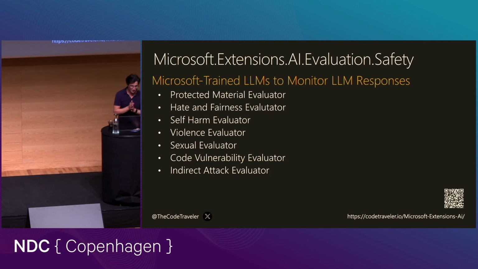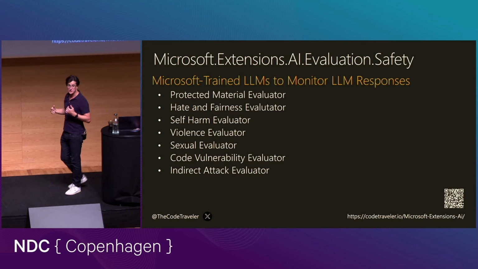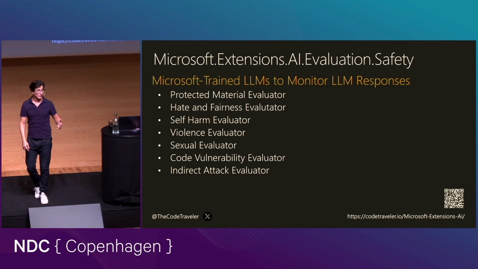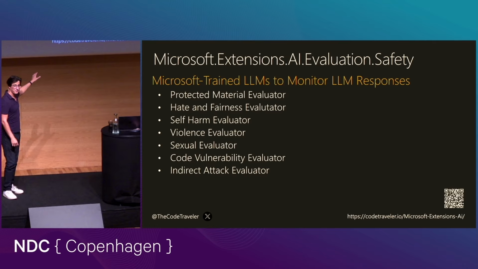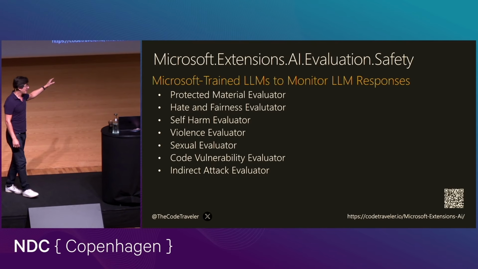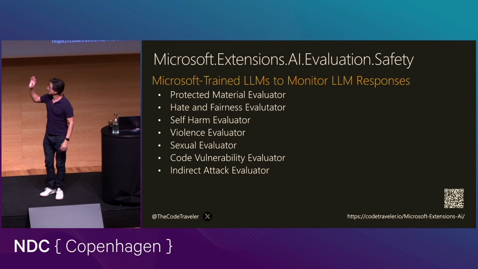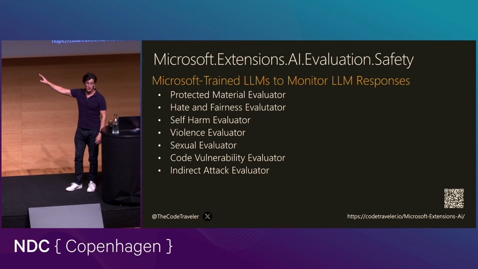All right, so the next library I want to talk about is Microsoft.Extensions.AI.Evaluation.Safety, because what we've been checking for so far is basically just accuracy. But if we're implementing this in our app, especially an app for our business, and we don't want to get fired, these are incredibly important.